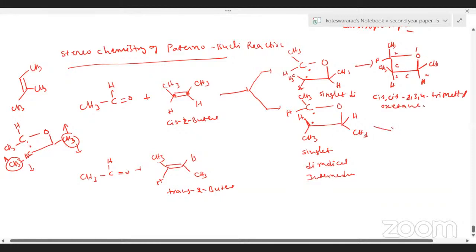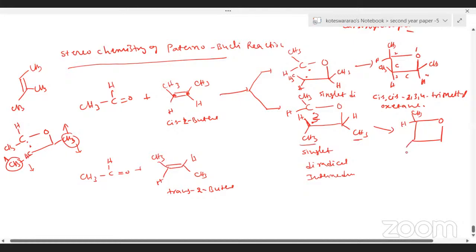Similarly, the second kind of intermediate. These two are also undergoing the cyclization. This biradical system is also homolytically combined, which leads to the formation of a sigma bond. Now, the methyl group is above the plane, the hydrogen is below. Here, the two methyl groups are below the plane.